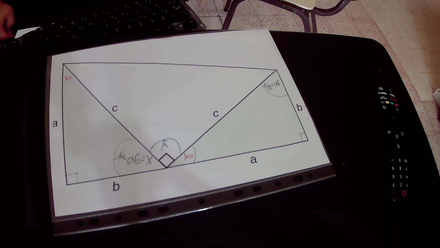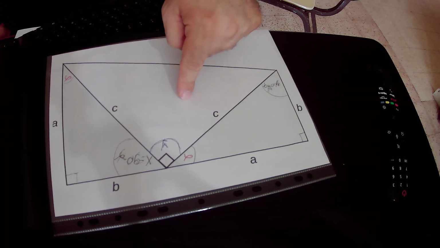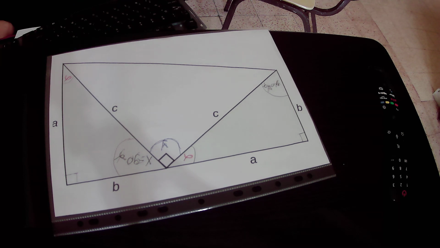On the other hand, the area of the trapeze is equal to the sum of the areas of these three triangles.